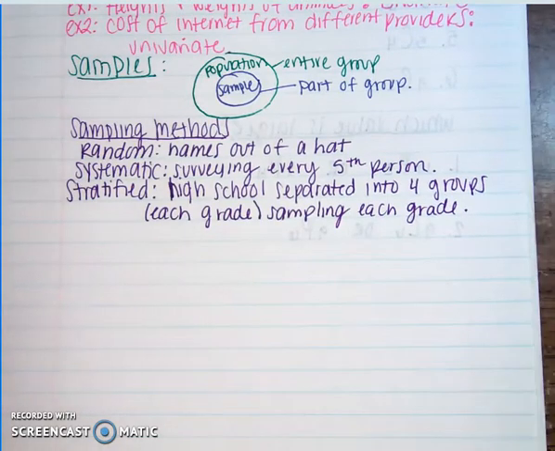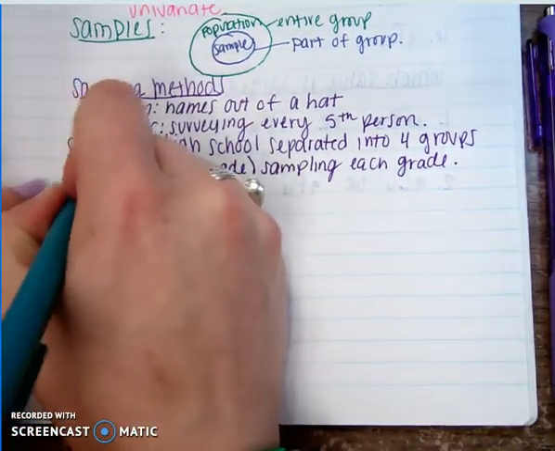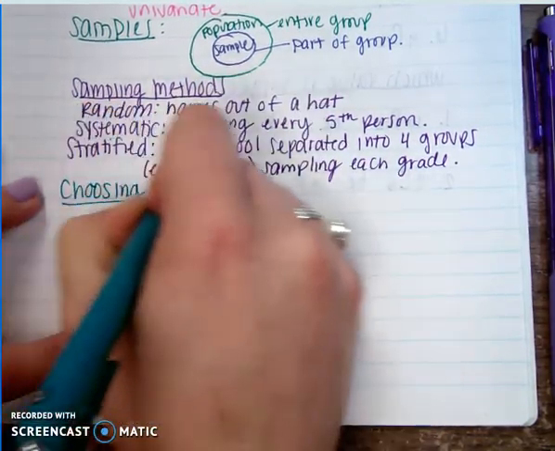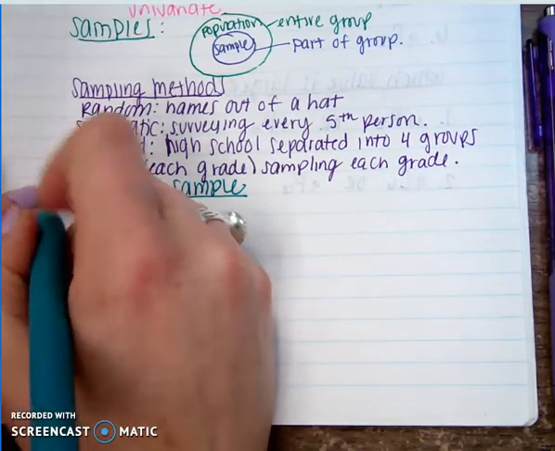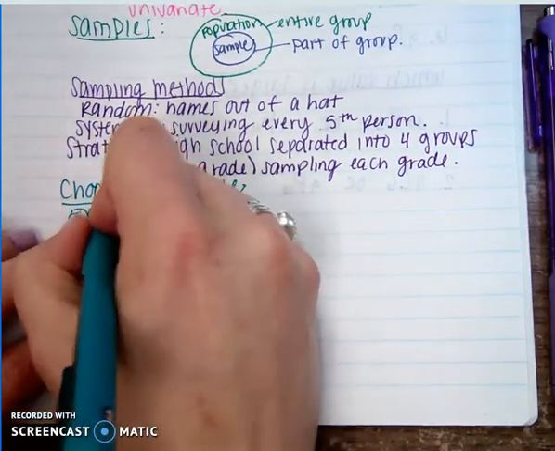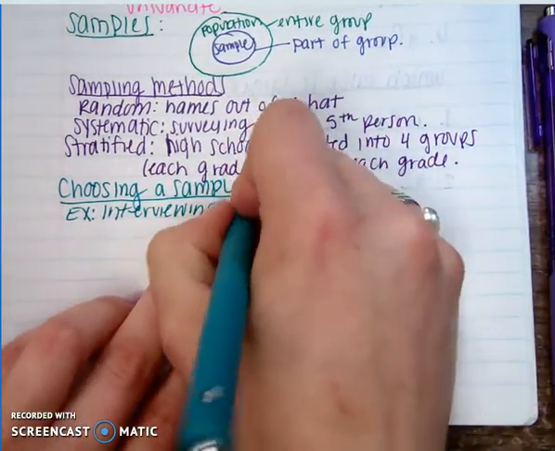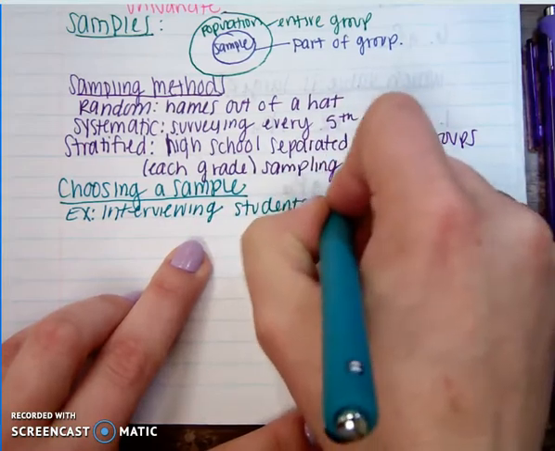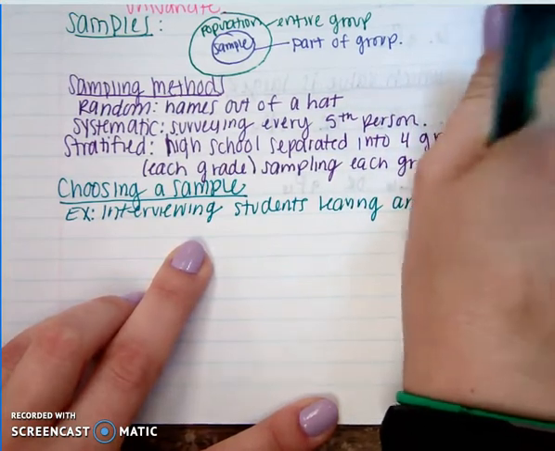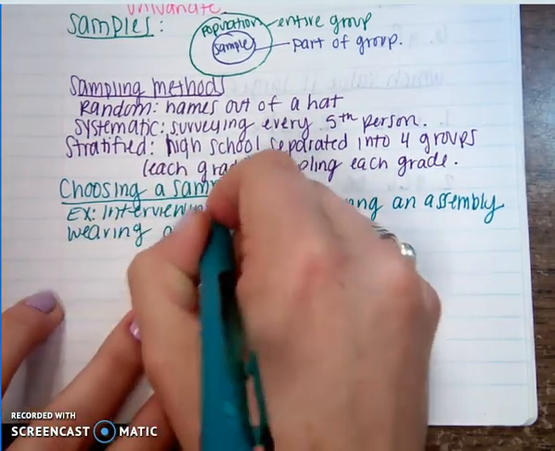So let's talk about choosing a sample. We got 2 more things to put down here. So choosing a sample. So your example, interviewing students leaving an assembly wearing all the school colors.